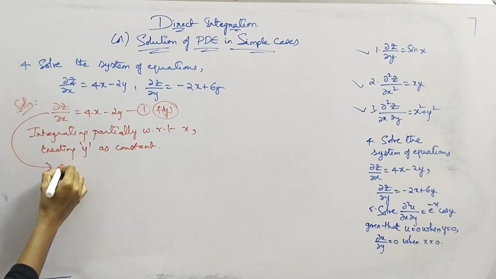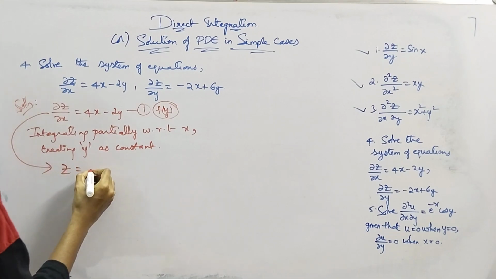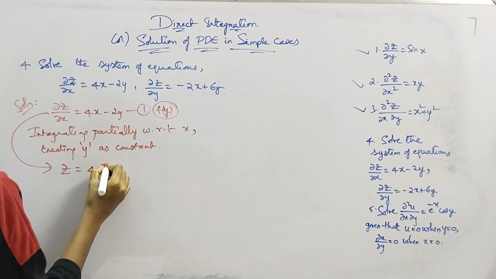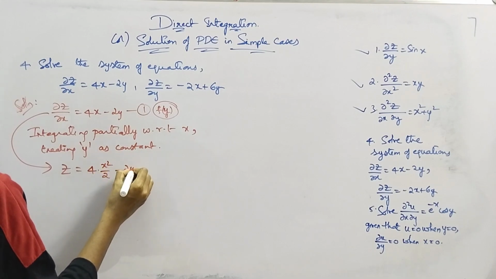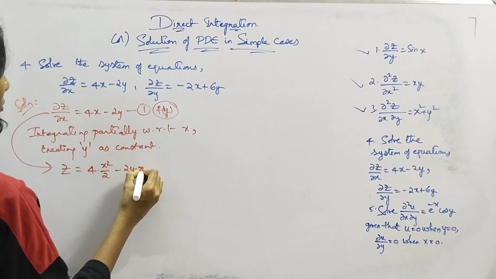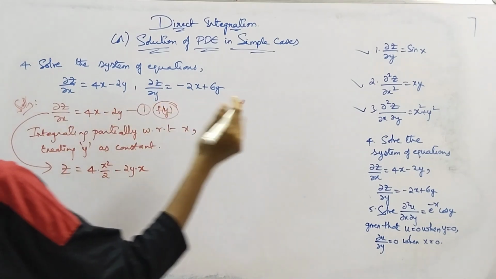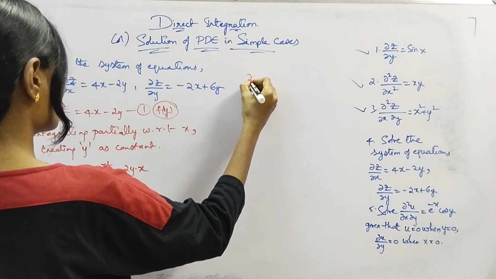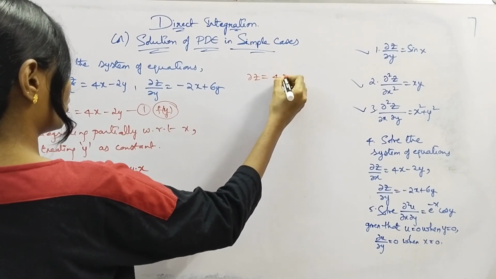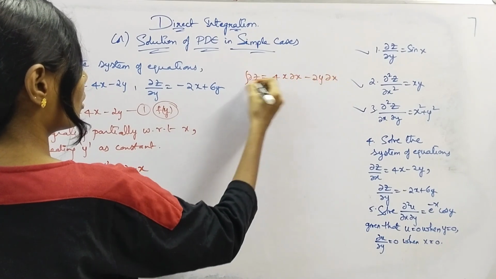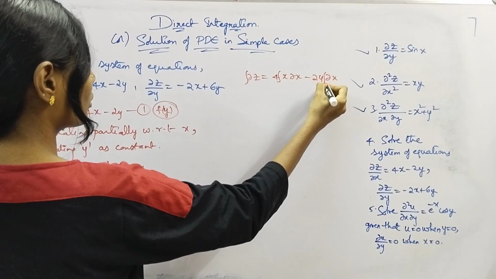Then this becomes z equal to 4 into integral x is x square by 2 minus constant into, you'll have x, right? I showed you how you got x. If you want, we can do it once again. There's nothing wrong in it. You can write the same equation like this, right? Now apply integration.